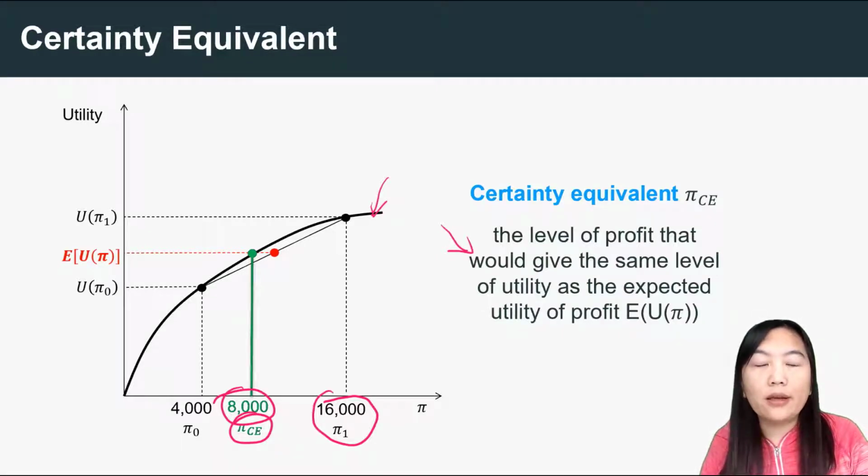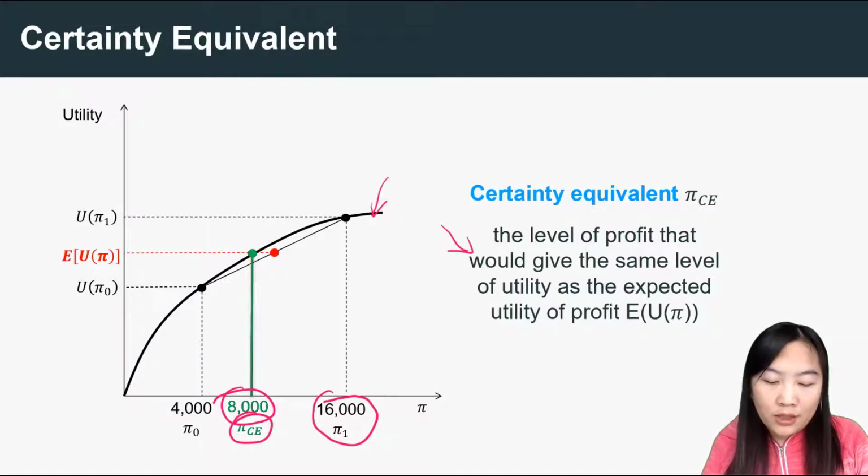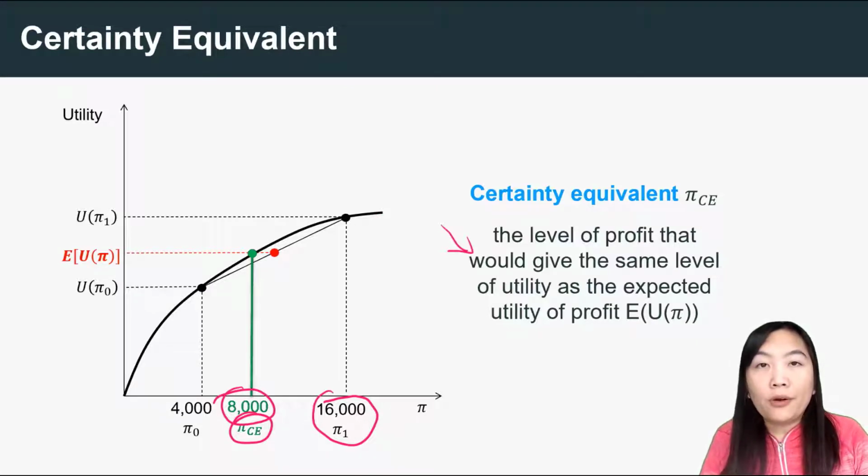Unless it's a linear line and the person is risk neutral, if the person is either risk averse or risk preferring, the expected utility is usually not on the utility curve. However, the green point and the red point have the same level of utility. So that's how you find the CE.